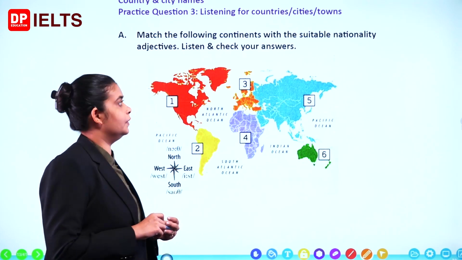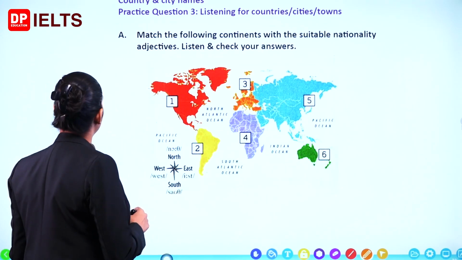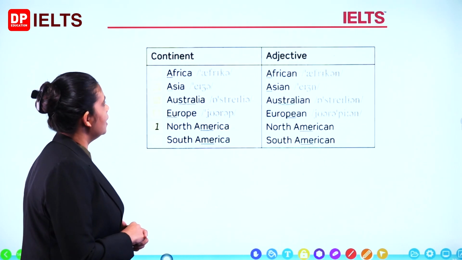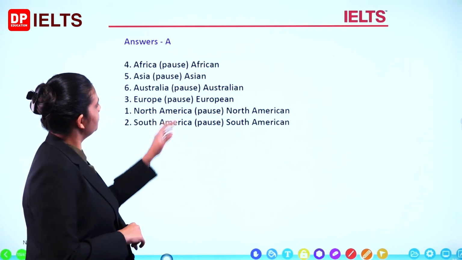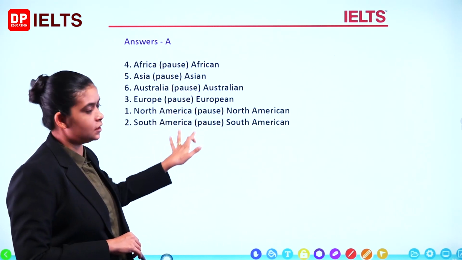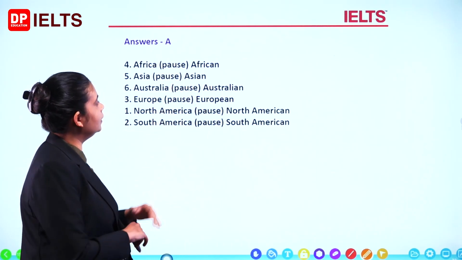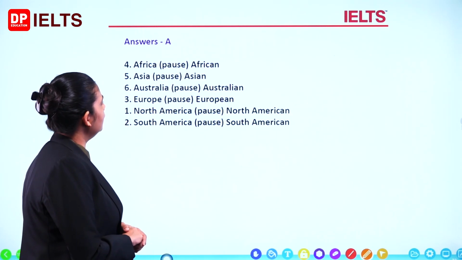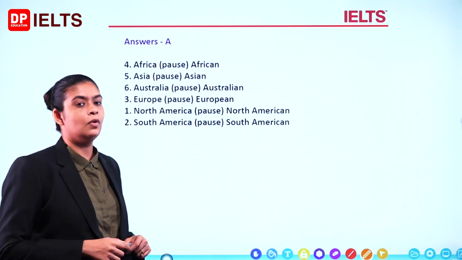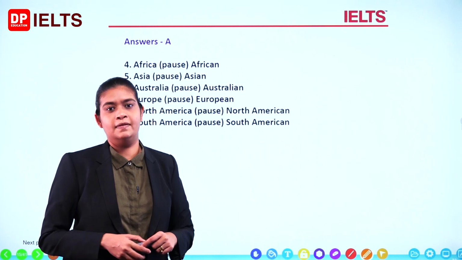So hopefully you've jotted down the answers. Let's have a look at the answers now. So pause means there was a slight pause in between, right? Then only you heard the adjective, right? So I hear a lot of people saying Australia, Australia. We went to Australia.